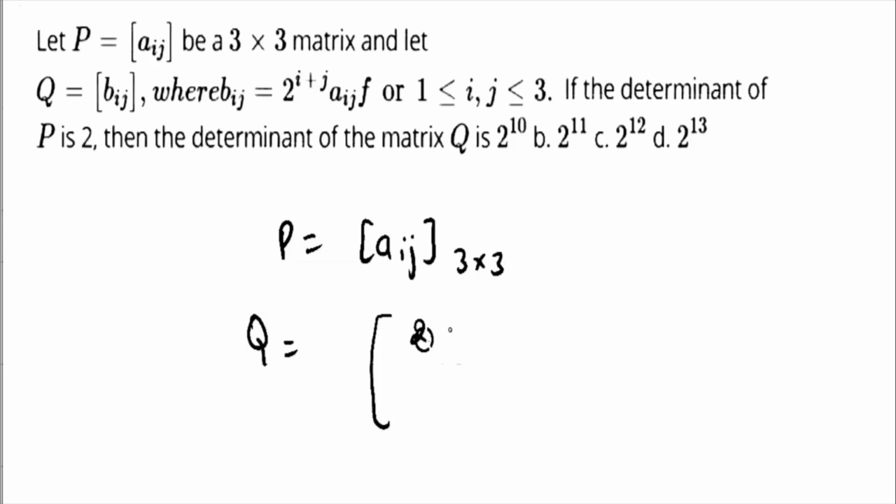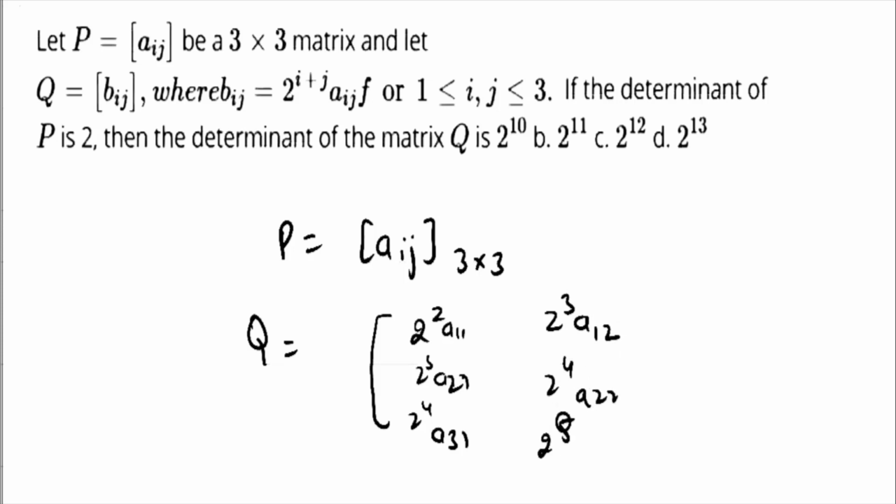Here we have 2 square A11, here we have 2 cube A21 and here we have 2 to the 4 A31, and here we have 2 cube A12, here we have 2 to the 4 A22 and here we have 2 raised to 5 A32.